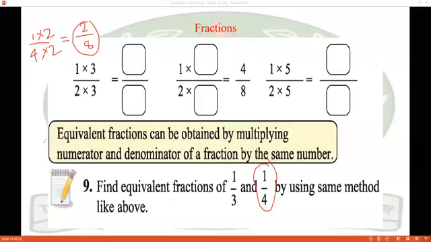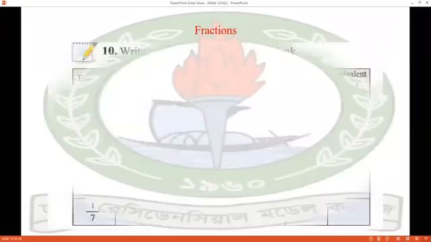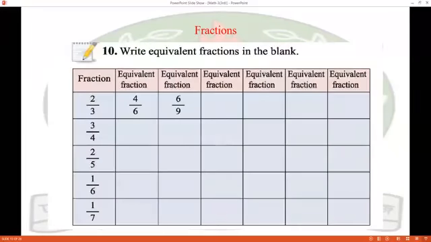In this way, you can find another equivalent fraction. 1 by 4 is multiplied by 3. 3 into 3. We get 3 by 12. This is also equivalent to 1 by 4. In this way, we can find out any fraction by multiplication processes.